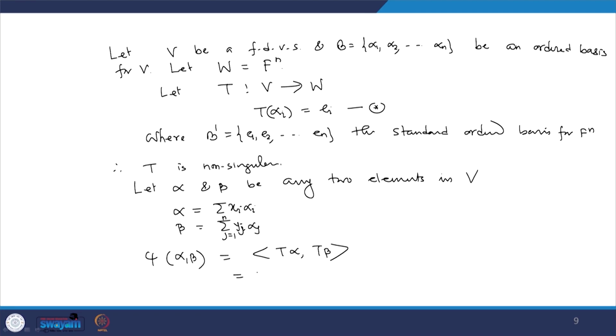So, T alpha is equal to T of sigma xi alpha i, and T beta is T of sigma yj alpha j.